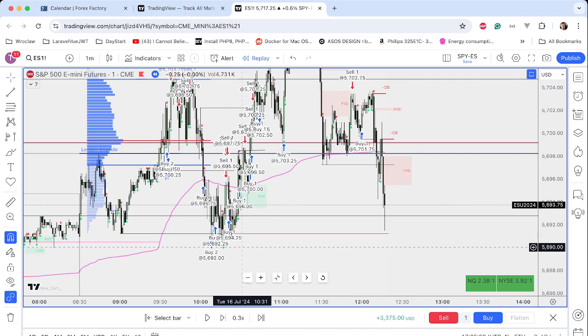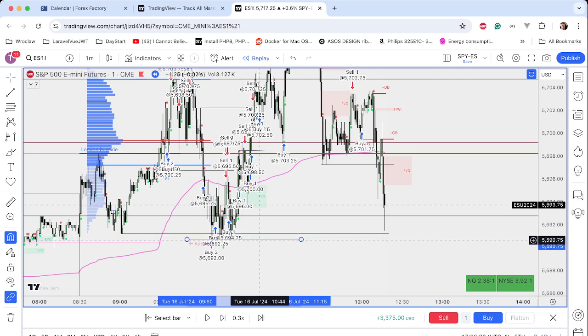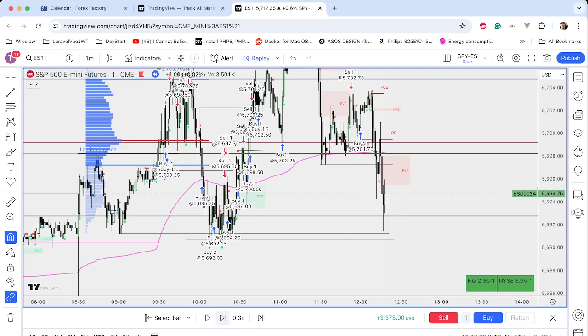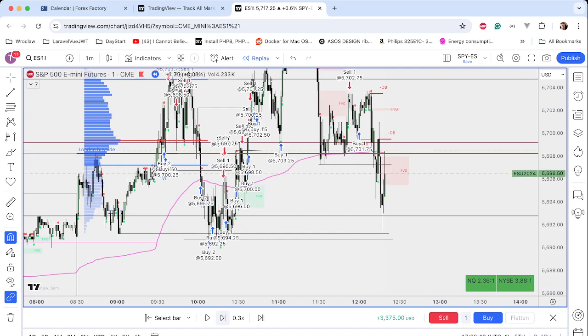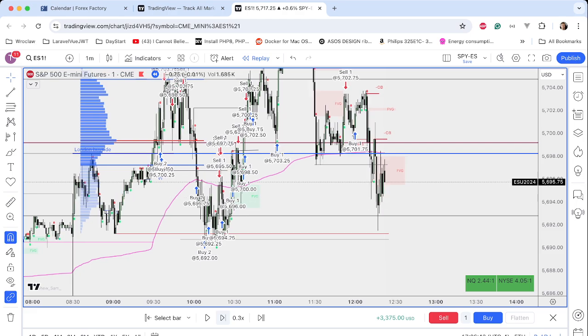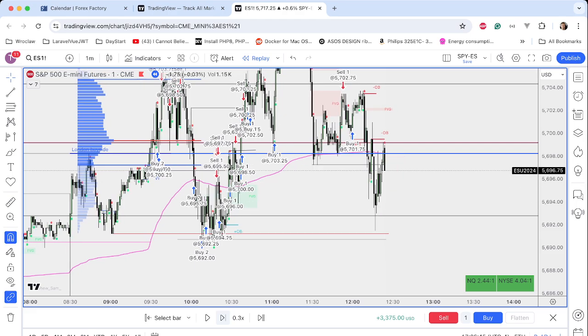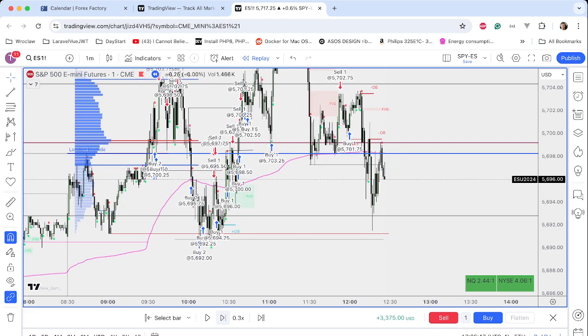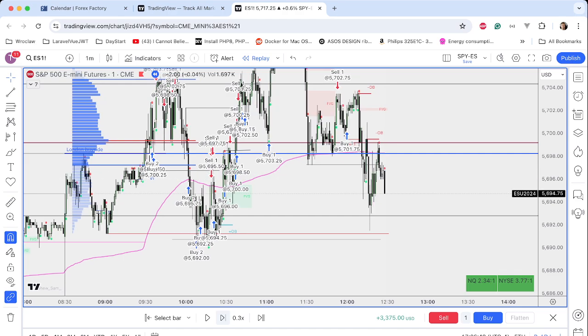So that means the market most likely is gonna go and grab this liquidity just to collect everything on the long side. This is lunchtime, so you can't trust price action during lunchtime.